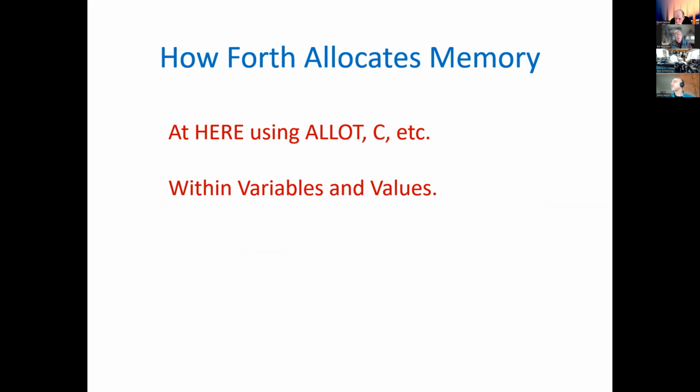And then within variables and values, you can store numbers, and you can do an array with something like create and then reserve a lot of space. But these are all fairly restricted because the allocation is in the middle of the dictionary. And if you overrun the storage, you run the risk of damaging words that are subsequent to your storage.